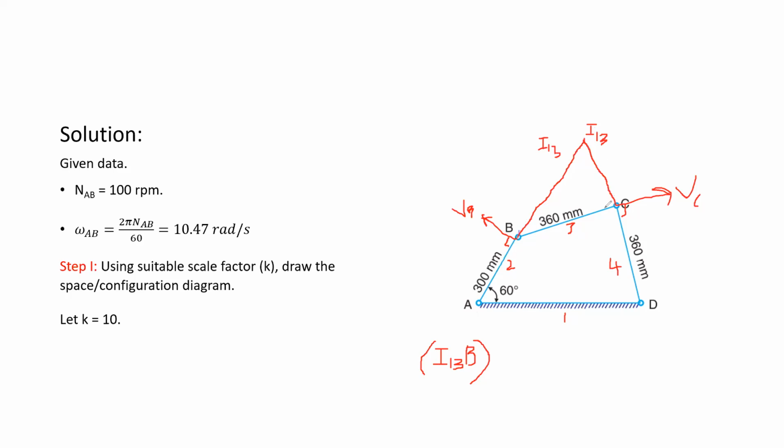Okay, similarly next, we found the direction of velocity of point C. How did we find it? We consider that point C is on link CD. Point C is on both link 3 and link 4. First we considered that point C is on link 4. So if point C is on link 4, what will be the center of rotation for link 4? That is this point D, which we have labeled as I14.